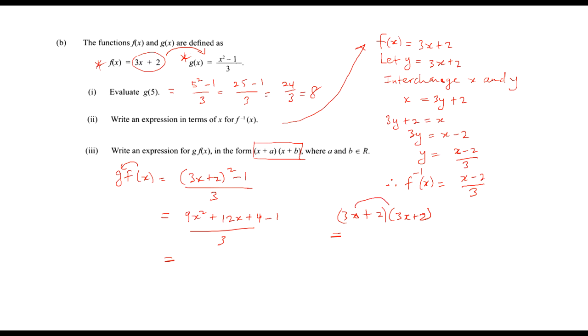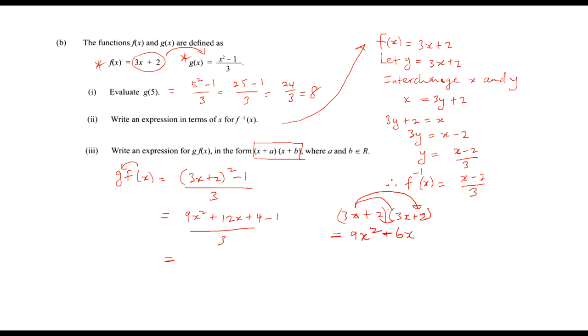We take the first term and multiply by the first term here, which gives 9x squared. Then we take this term and multiply by this, so we end up with plus 6x.